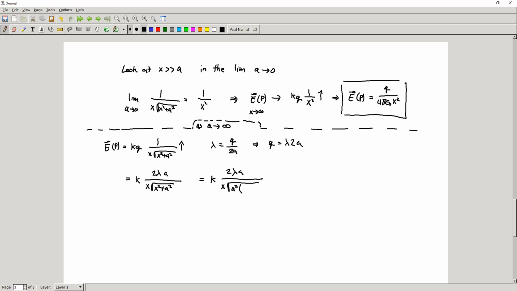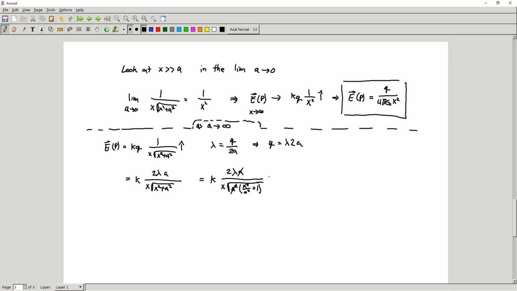What does that mean? I'm basically dividing this by a squared, and this just becomes a 1, right? So from the term inside the square root, I've factored out an a squared, but then I can pull out this a squared. It becomes an a, and they're going to cancel, right? So this is going to cancel with this, okay?